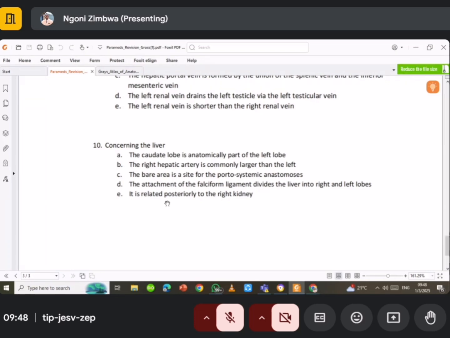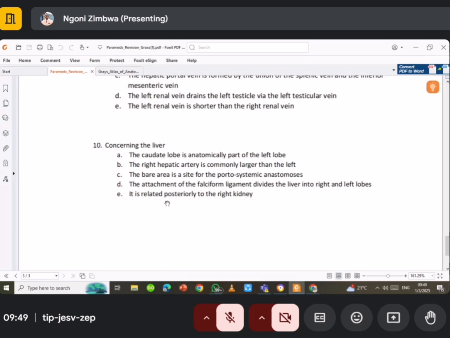Why? Because the bare area of the liver is mainly on the right lobe, and a small part is found on the left lobe. It is made by the anterior and posterior coronary ligaments. The anterior coronary ligaments are made by the falciform ligament as it splits at the superior margin of the liver, and the posterior coronary ligaments come from the lesser omentum, right?